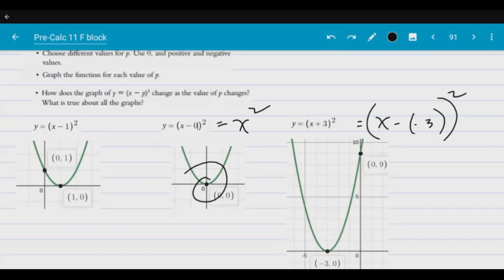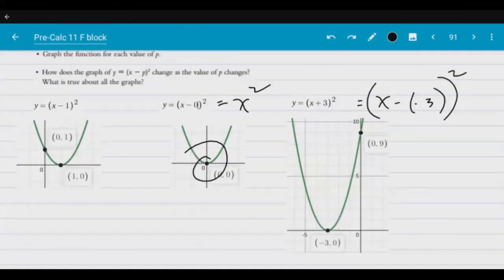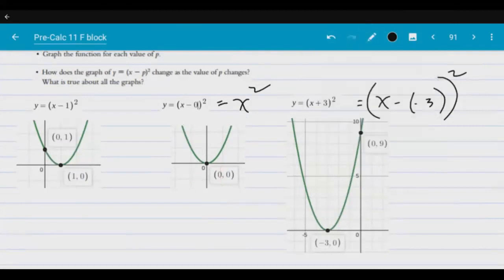Okay. And take a look at the new vertex. In the original, it's this one. When I subtracted -3, the vertex moved. Okay. So I hope you see something happening here.